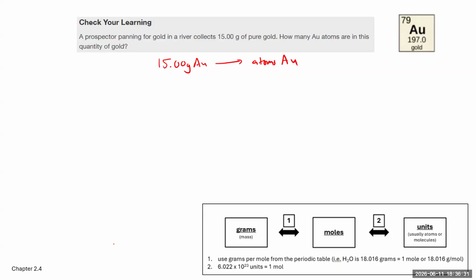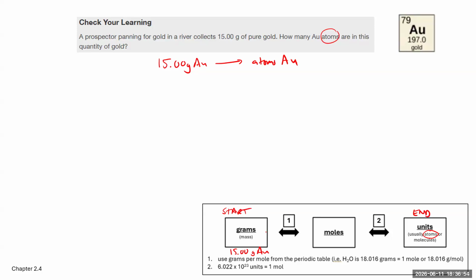If you're not super familiar with this, let's use this conversion table. This is our start. We have 15.00 grams of gold. This is our end because we want atoms, right?